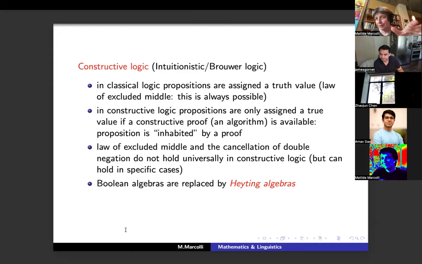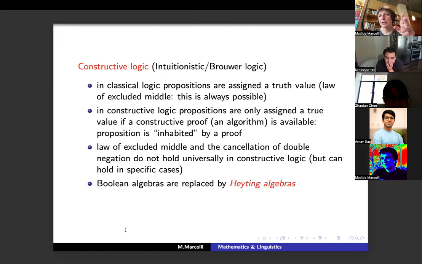At this basic level of propositional calculus, of course, there's other stuff that I'm not talking about, like Gödel. In constructive logic, propositions are only assigned a true value if there is a constructive proof, an algorithm that constructs it. You say that the proposition is inhabited by a proof if such an algorithm exists.